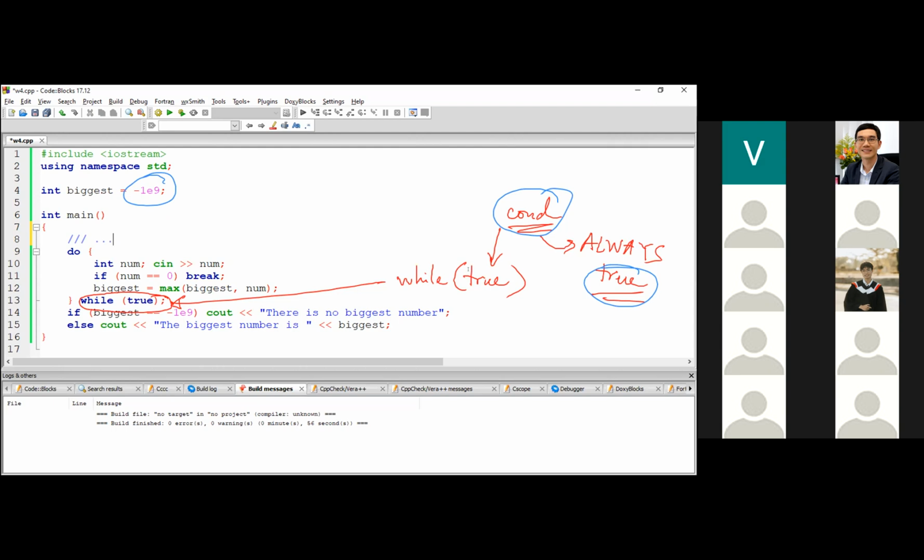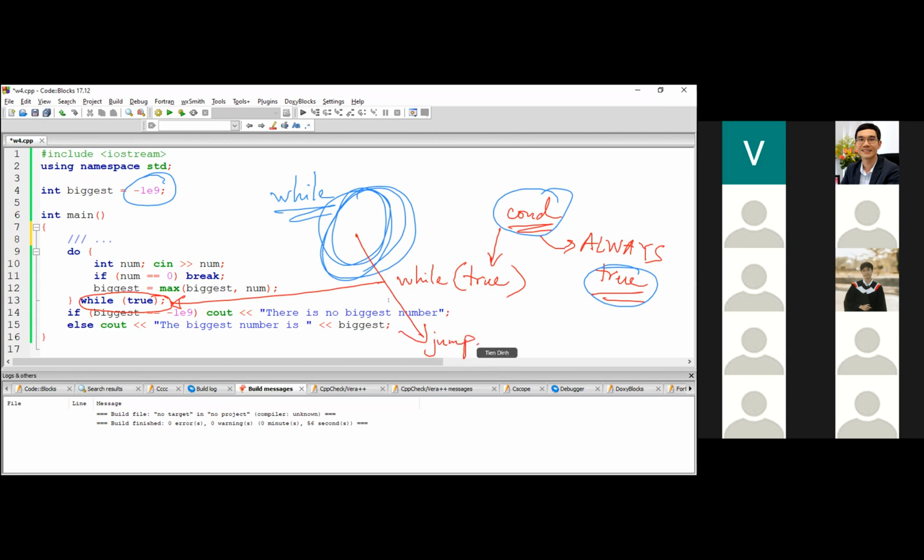So when you use a while loop, try to think more carefully about the design of the algorithm you are using here. The algorithm you are using here, you don't care, you just loop until one time the number n you enter is zero, and then you jump out.